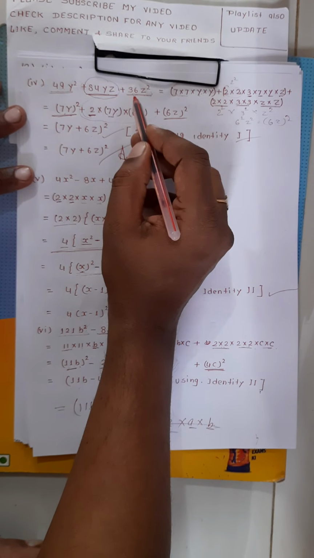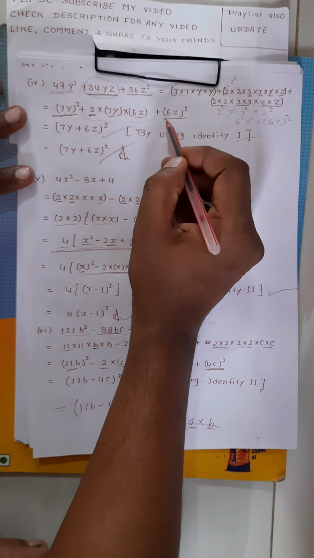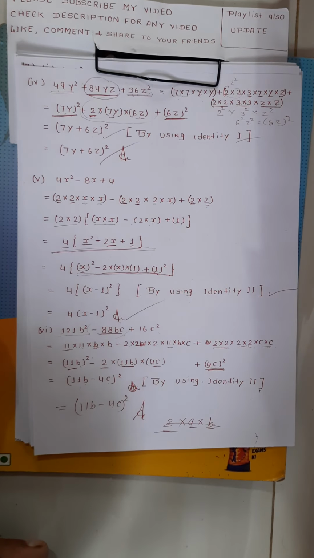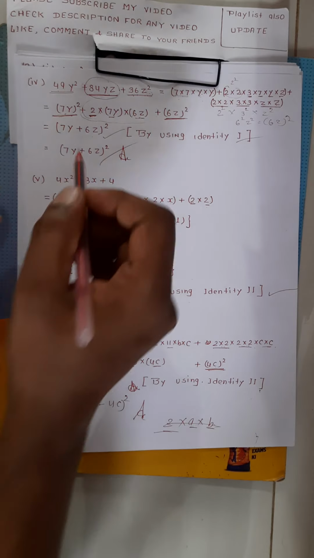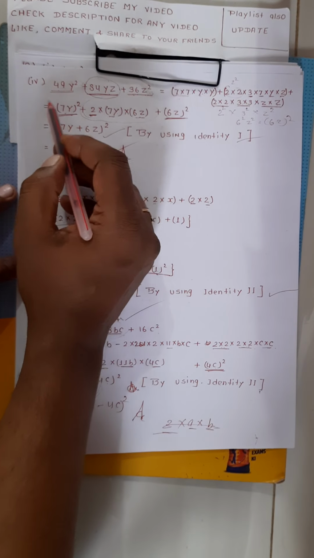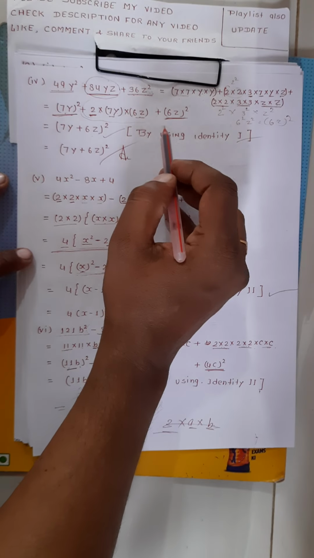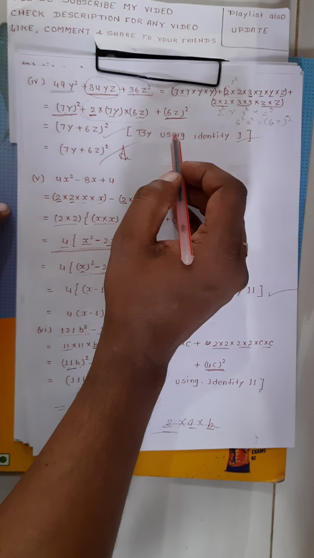So for the 36z square, our value becomes whole square of 6z. So now we get 2 perfect square terms. The first perfect square term is whole square of 7y, and the second perfect square term is whole square of 6z.